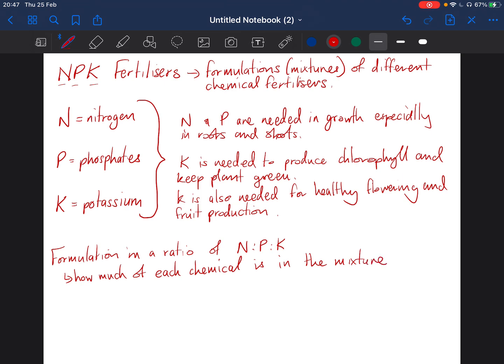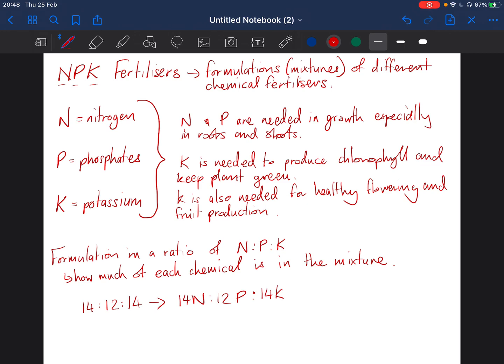And farmers will buy different NPK formulations based on what they're growing. So, for example, one that we could have is a 14 to 12 to 14 ratio. So that tells the farmer that there are 14 nitrogen molecules or compounds with nitrogen in to every 12 phosphate and 14 potassium. So if they have a particular crop that requires a lot of nitrogen and a lot more potassium than it does phosphate, they will buy that. If they want one that has more phosphate and nitrogen, they'll buy one that has the ratio with that.